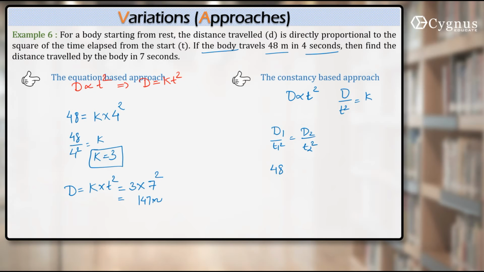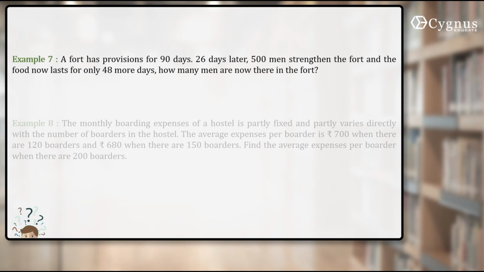First case, distance was 48, time was 4. Second case, distance I don't know, but the time given here is 7. After solving this, again, we get d2 equal to 147 meter. So in the first approach we have to calculate the value of k, and here you don't have to calculate the value of k. You can just equate the variables. Fine. Let's look at one more question.